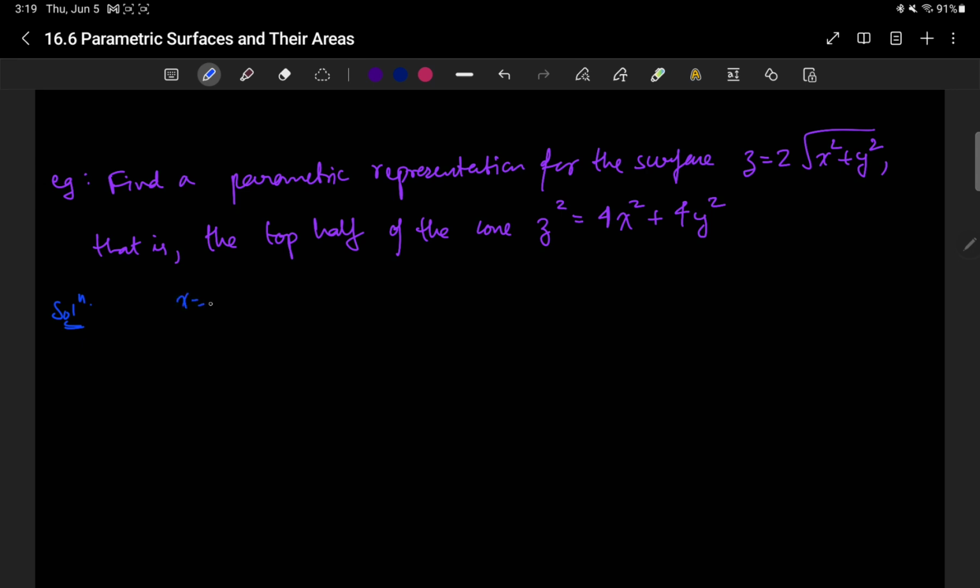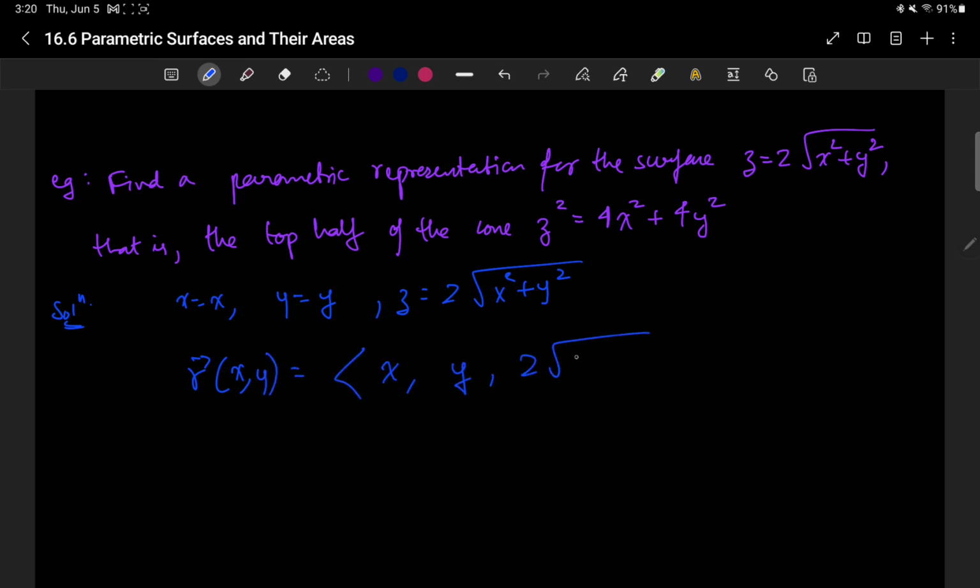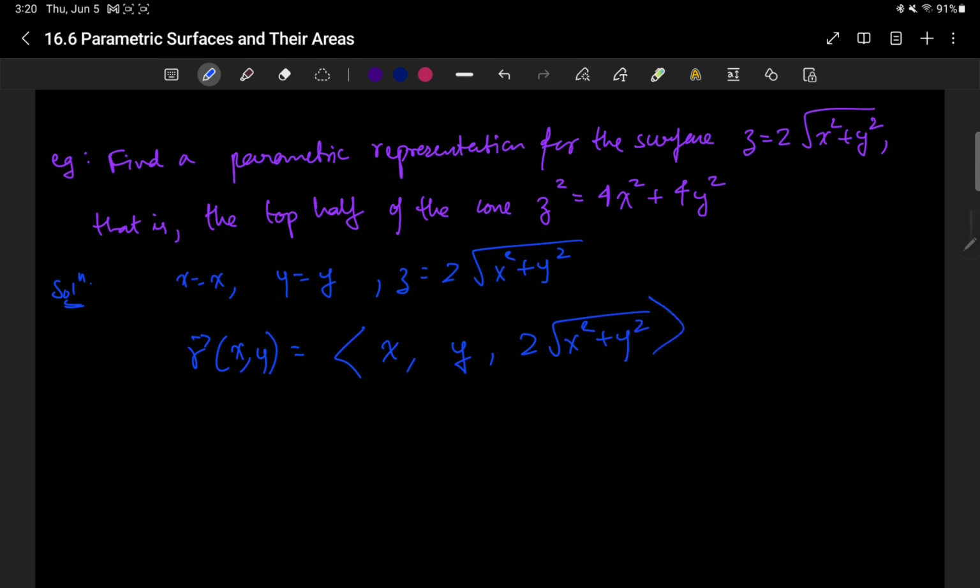The simplest parameterization is, because it's a surface, I can use x equals x, y equals y, and z equals 2 square root of x squared plus y squared. So the role of u and v are being played by x and y, and you just have x i cap plus y j cap plus 2 square root of x squared plus y squared k cap.